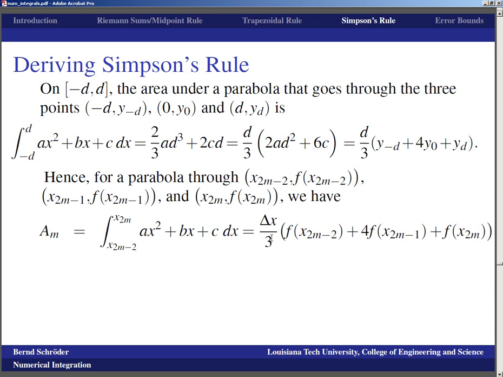And that is because d was exactly 1 delta x, because we are stepping through the interval from x_{2m-2} to x_{2m-1} to x_{2m}. So d really was delta x, divided by 3, times f(x_{2m-2}) plus 4 f(x_{2m-1}) plus f(x_{2m}). Basically what we've done here is we have taken this formula and shifted it horizontally, realizing that the left endpoint evaluation is the value at x_{2m-2}, the one in the middle is the value at x_{2m-1}, the one on the right is the value at x_{2m}.